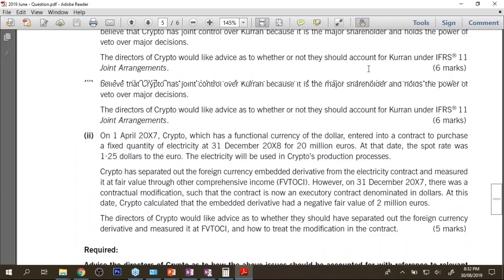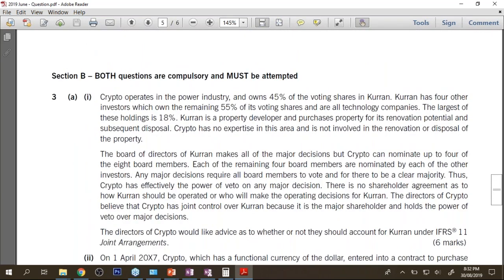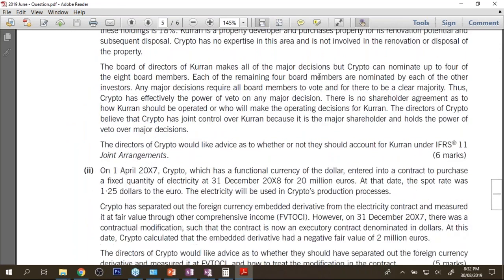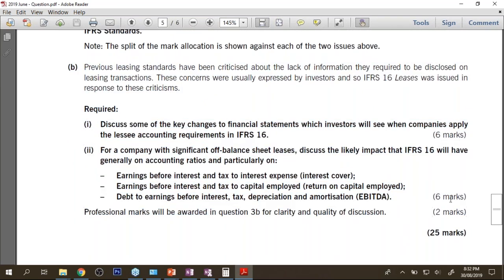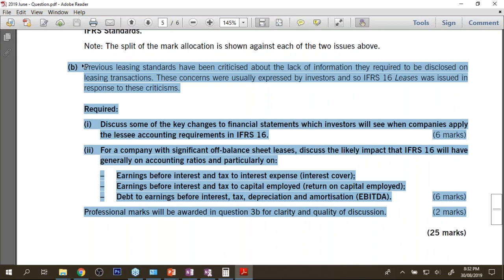This is question number 3 in section B, and it's question number 3 part B that we are going to discuss now, which was of 6 plus 6, 12, plus 2 professional marks, which is 14. So it was a 14 mark question in March 2019 attempt.